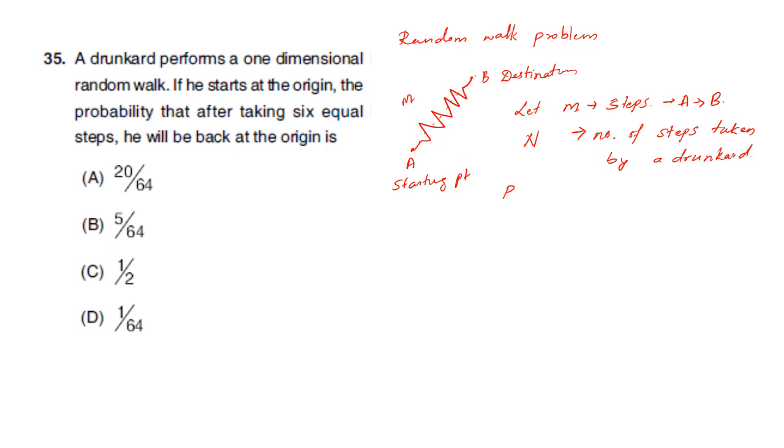Then the probability of forward steps will be half. Similarly, the probability of backward steps is half.